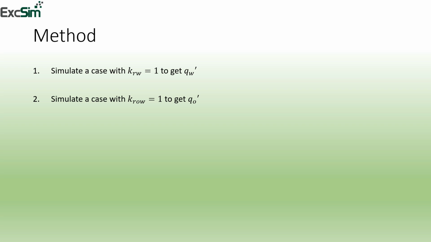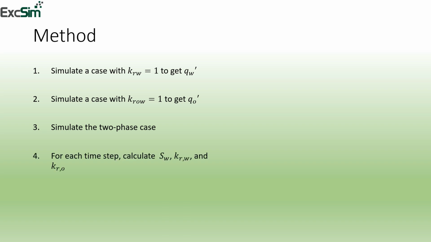And you do the same or a similar thing to get the baseline of oil rate by setting the oil relative permeability to 1 for all water saturations. When you've done that, you're ready to run the two-phase case.